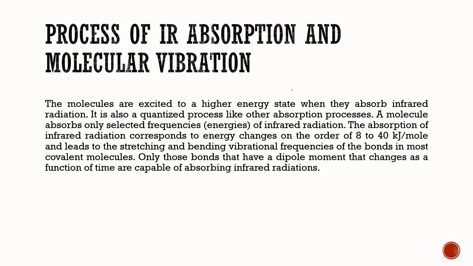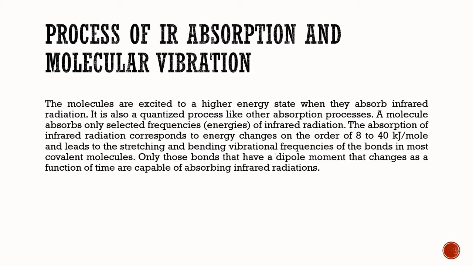Process of IR absorption and molecular vibration. To absorb IR, the molecule must have a dipole moment. So what happens is the molecules get excited when they absorb IR radiation, and from the ground energy state, it will move to the higher energy state. HOMO and LUMO I have already discussed.